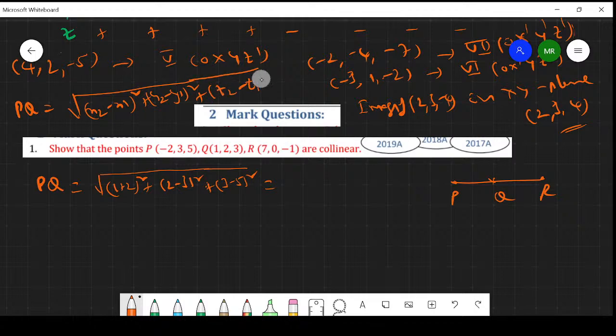If we know the end points of the line, we know 2 points of the line. Consider x1 y1 z1 and x2 y2 z2.